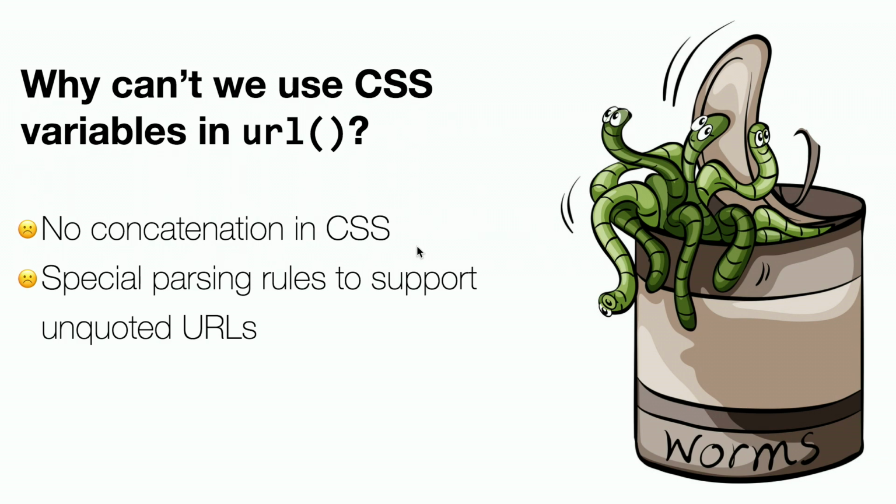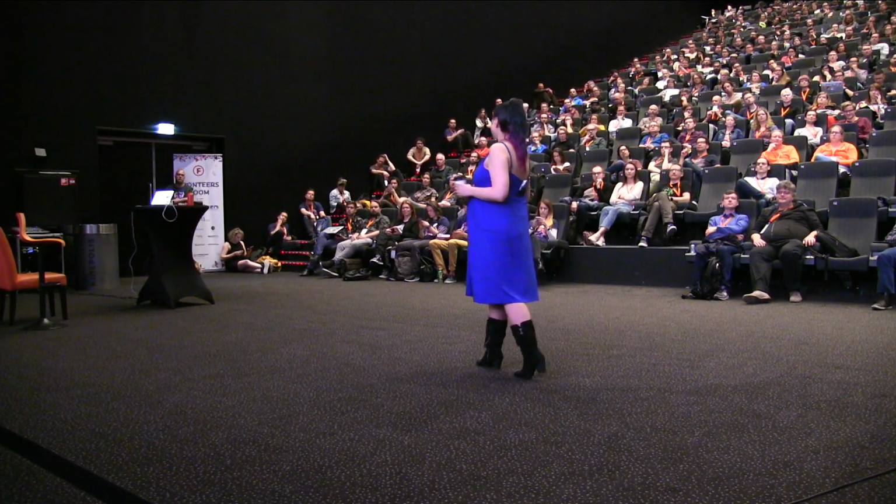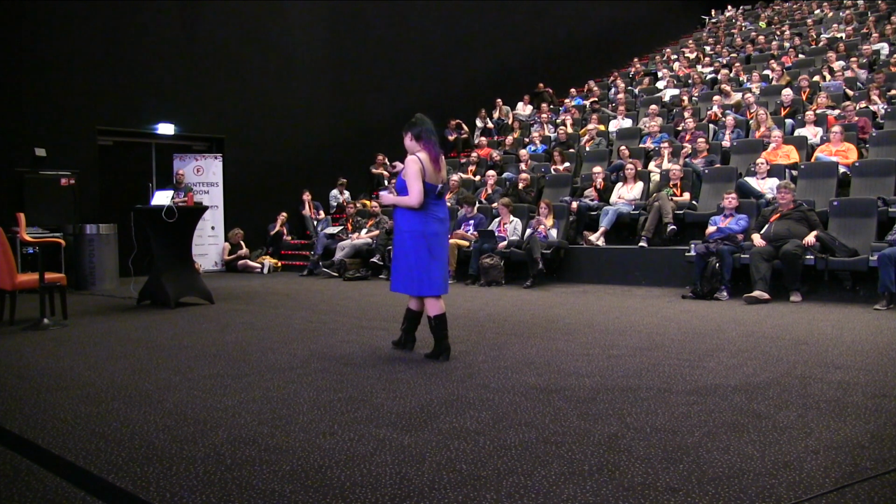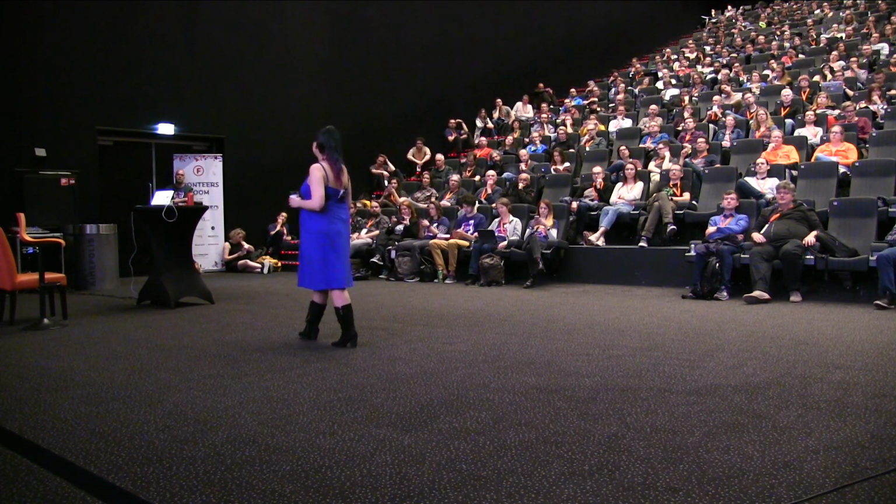Firstly, we don't have any concatenation in CSS. You might be thinking, but Lea, I've concatenated strings before in the content attribute. Yes, you have, but that's very specific to the content attribute. It's defined in the same property definition that specifies the syntax for the content attribute.